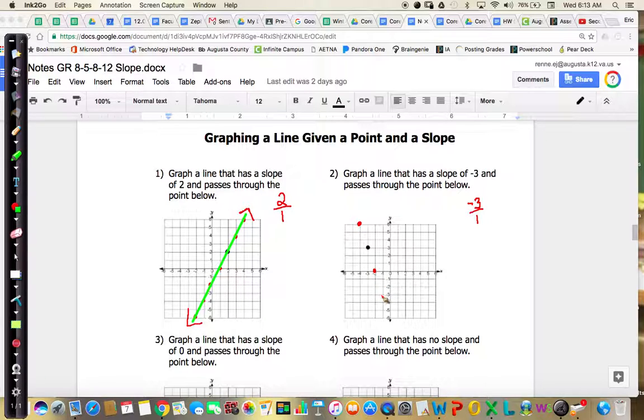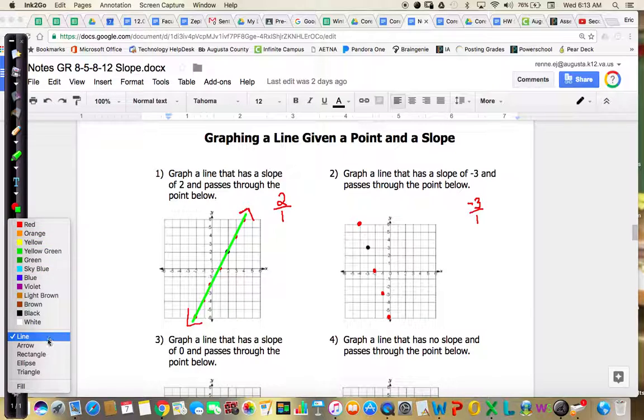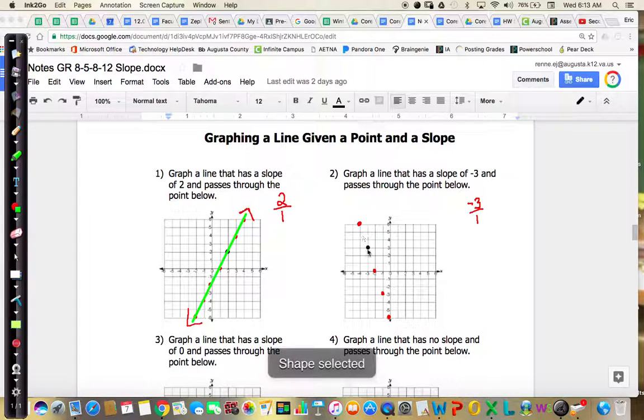Down 3 over +1, down 3 over +1. Now I'm going to connect the points. Okay, not bad. And I'm going to put arrows on the ends. And now I've just created a line with a slope of -3.